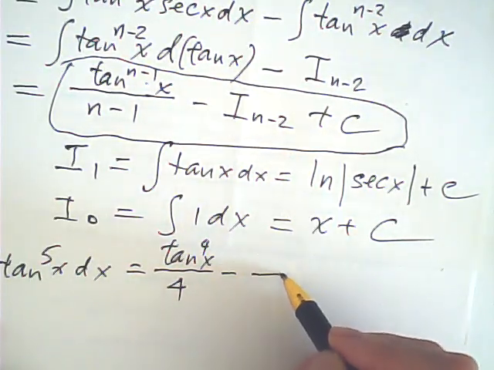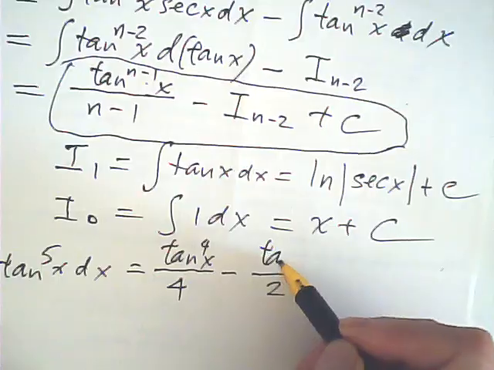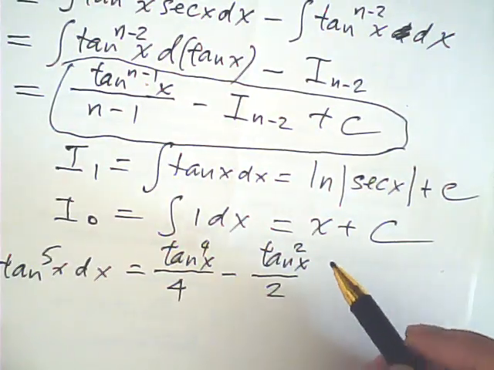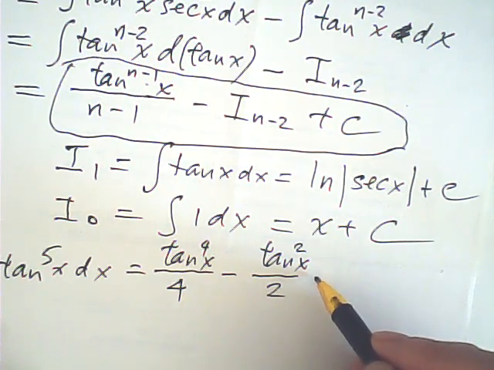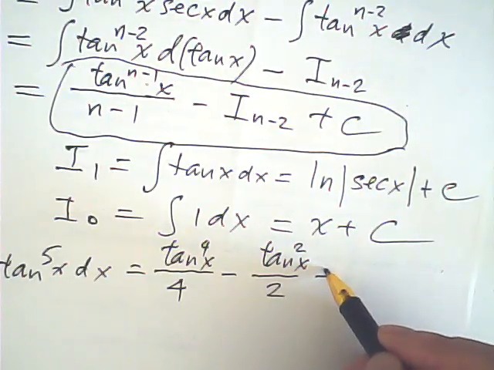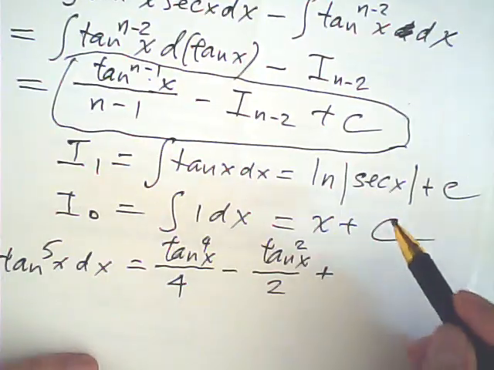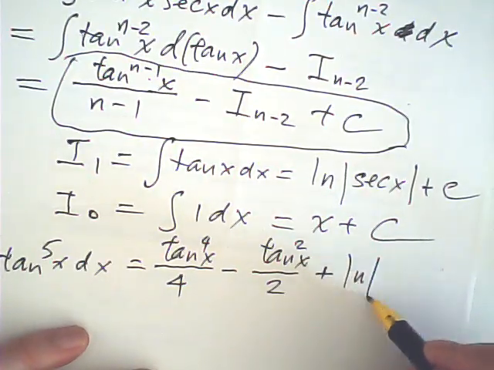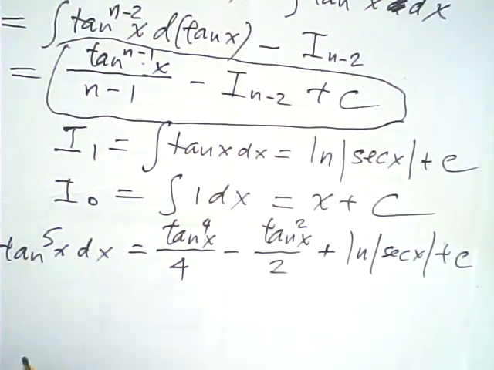I3 is equal to 1 over 2 tangent square x, right? Minus I1. Minus becomes plus, right? Plus I1. I1 is natural log secant x. So that has been done.